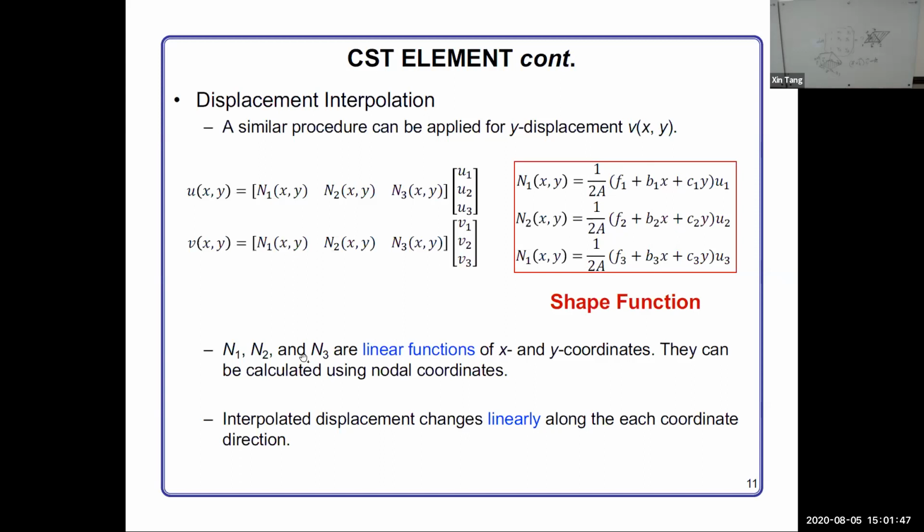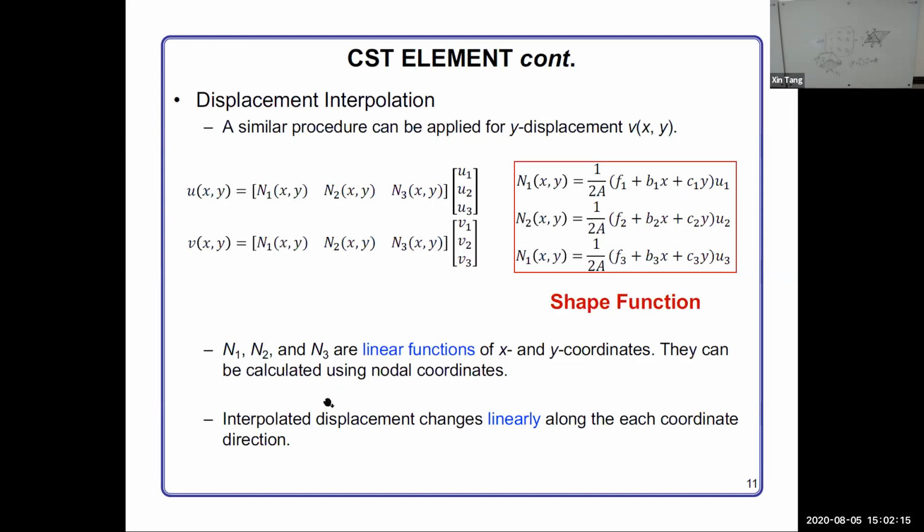In the CST element, N1, N2, N3 are linear functions, and they can be calculated using the nodal coordinates. So you put x1, x2, x3 into those shape functions. You will get exactly the displacement u1 and v1 at node 1, and correspondingly you can get that at node 2 and node 3.